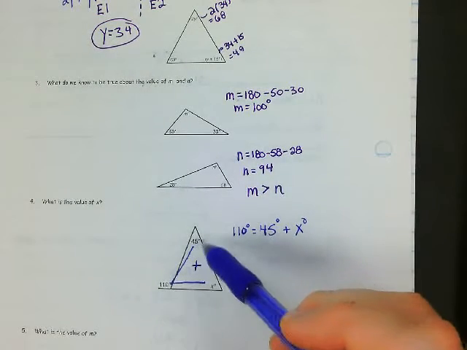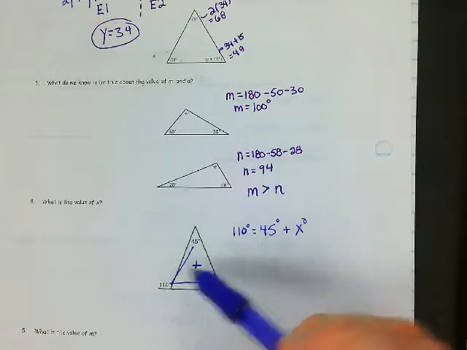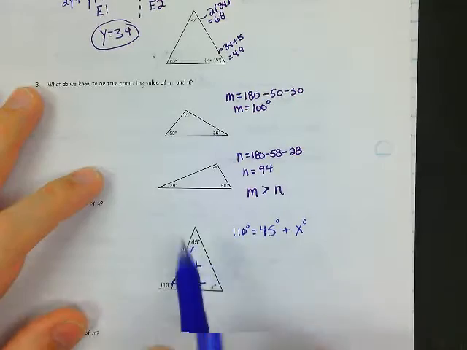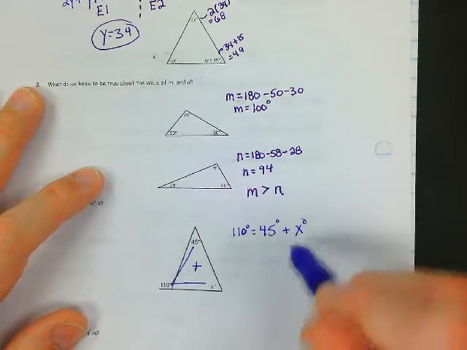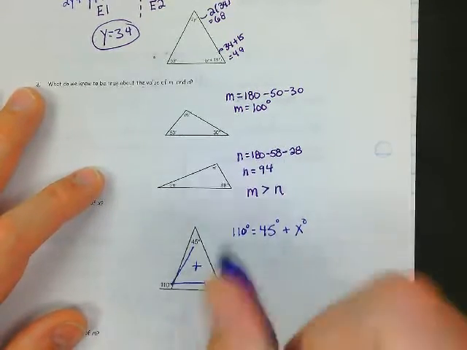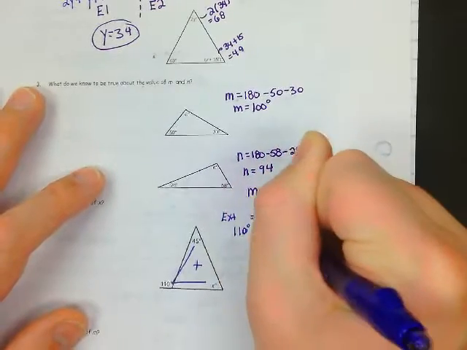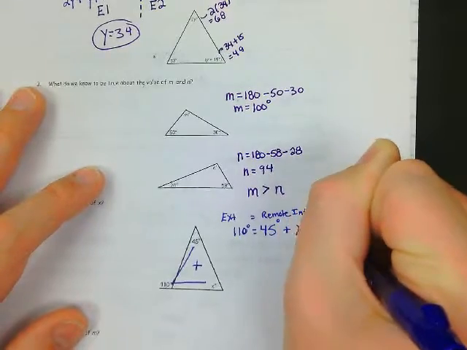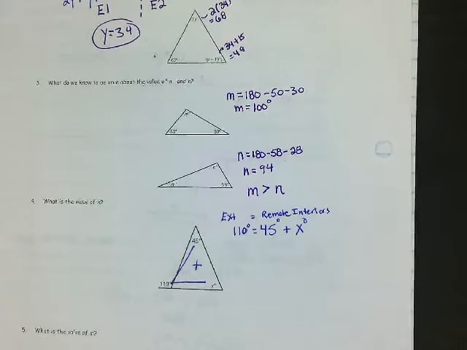I said that wrong, guys. The 45 and the x are remote interior angles. The 110 is your exterior angle. Your exterior angle is equal to your remote interior angles.